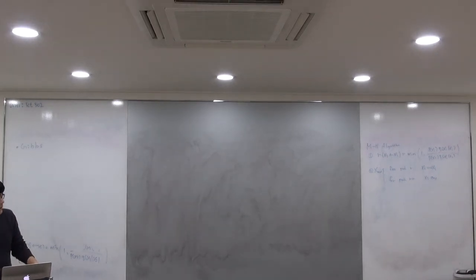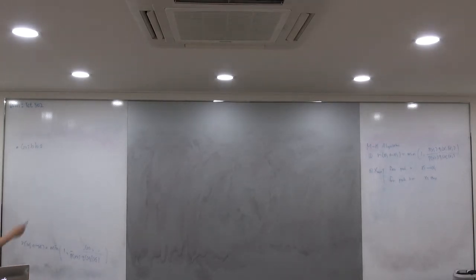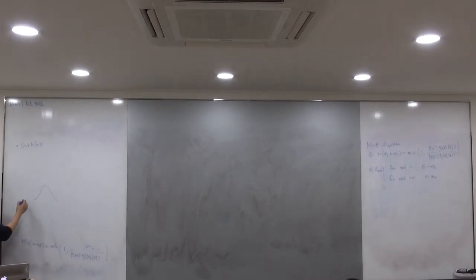It has a similar drawback because you are also using the proposal distribution, and the proposal distribution also fails in Metropolis-Hastings, as I showed you earlier. It's just like rejection sampling.